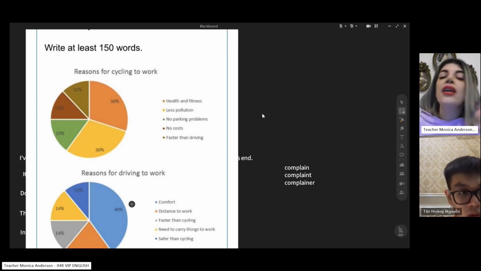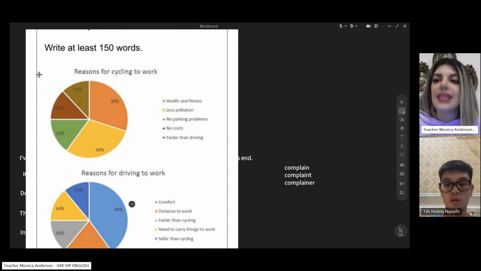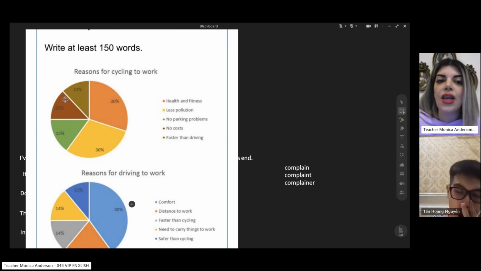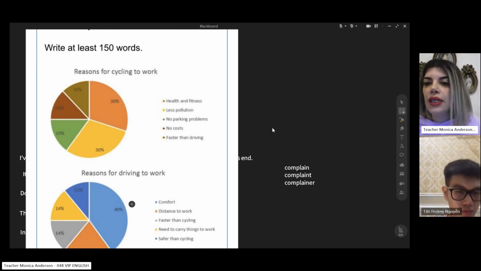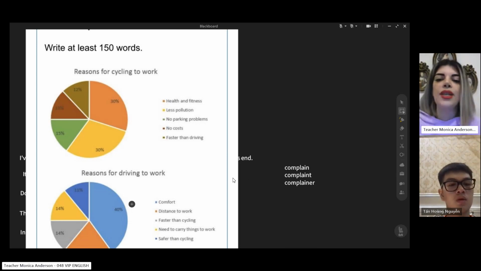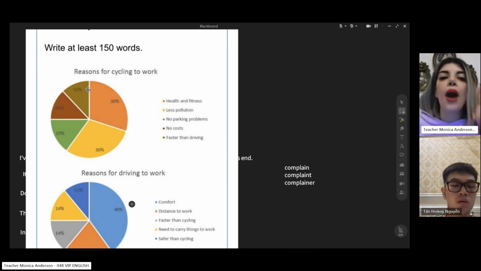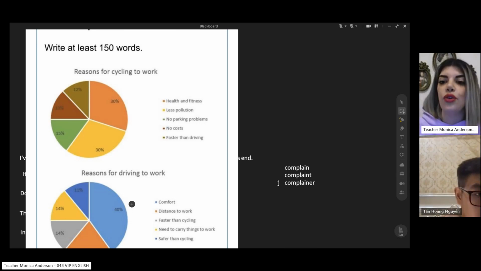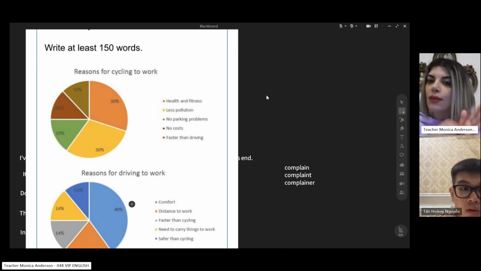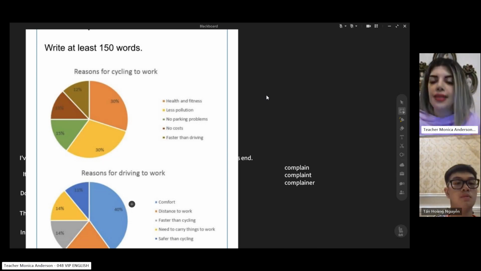And illustrate what? The reasons why people choose to either cycle or drive to work by percentage. We mention percentage because this is a main feature, as I told you. This is our introduction, and that's it.